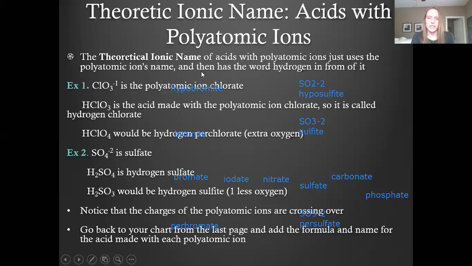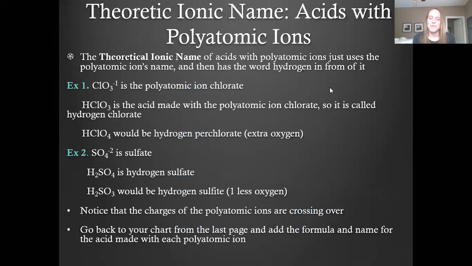Oh, sorry, let me get rid of my annotations here. Here we go. Okay, so if you have an acid with a polyatomic ion in it and you're trying to use the theoretical ionic name, all you're going to do is say or write the word hydrogen, for the hydrogen that's at the beginning of all acids, and then name whatever the polyatomic ion is.